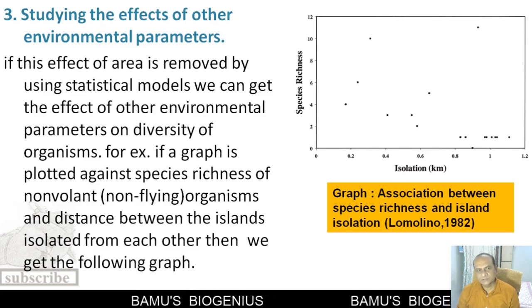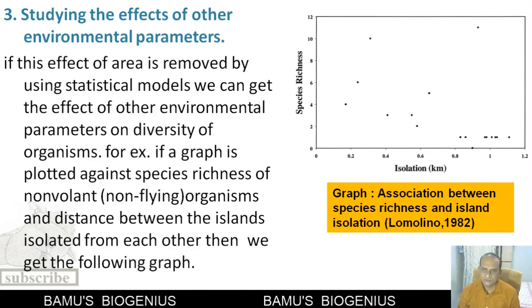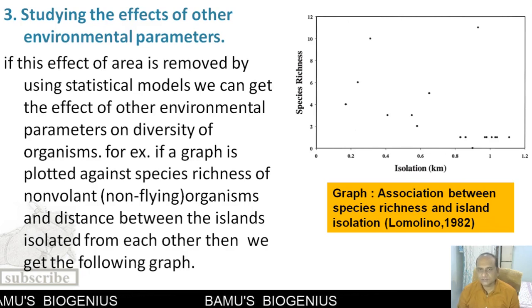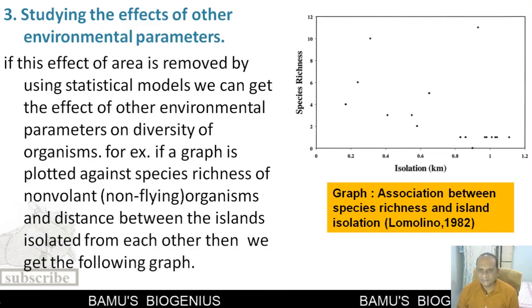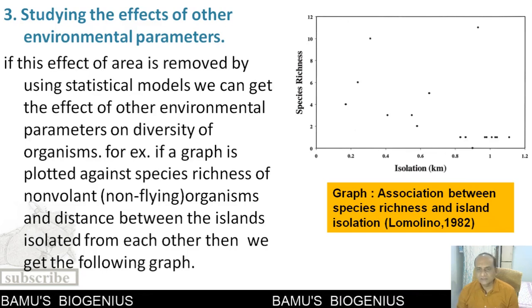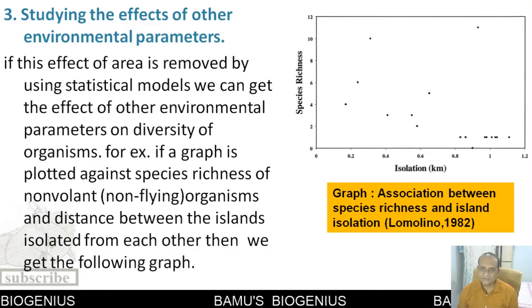Now, the third application of the species area relationship curve is studying the effect of other environmental parameters. We know that this curve exclusively gives us a relationship between the area and the species richness. Now, if we remove the area by statistical methods or by applying certain statistical software, we can get the relationship between other environmental parameters and the species richness.